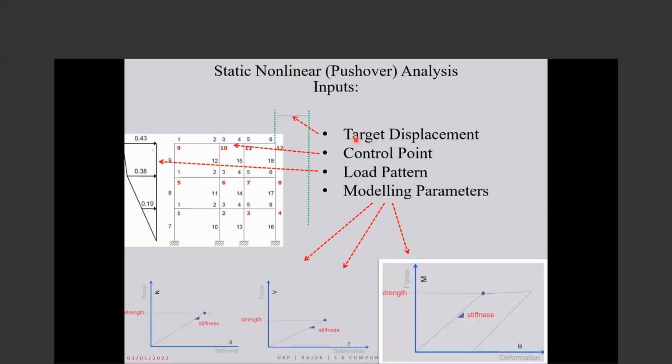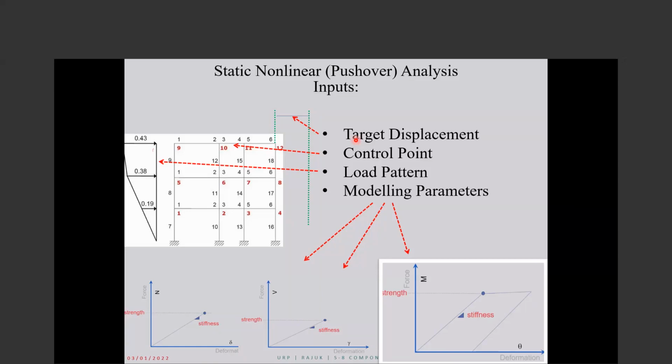So look at the elements: wherever is damaged is a good estimation of the real damage. Look at the forces: it is a good estimation of the forces. Deformations: when you push a building nonlinearly to the target displacement, then you can evaluate your acceptance criteria for whatever engineering demand parameter is considered by your code.